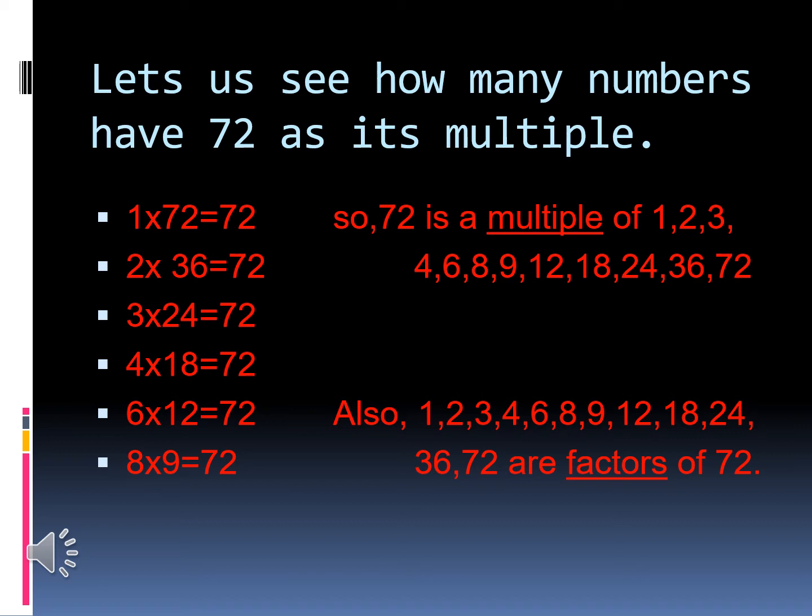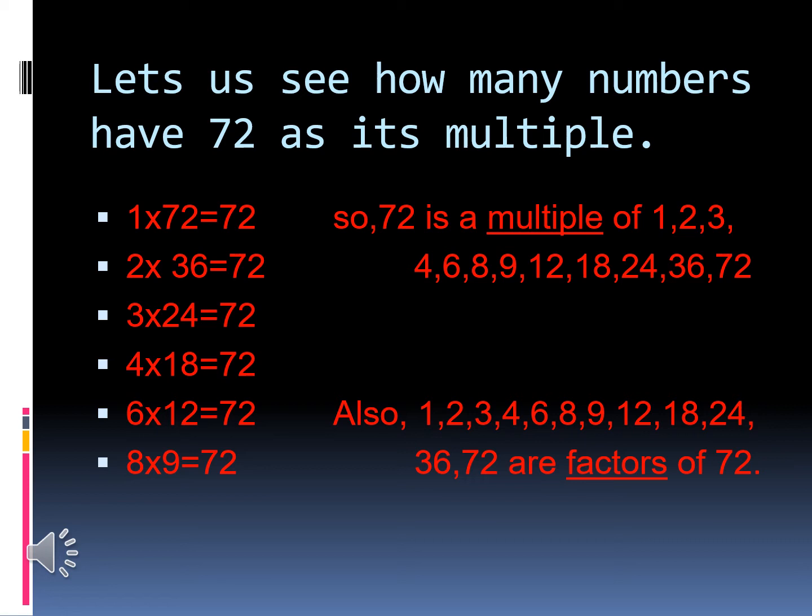Let's follow the divisibility rules starting from 1. Since 1 is a factor of every number, it comes in table of 1. Next, 72, the ones place is 2. Its ones place is even, so it is divisible by 2. So 2 into 36. Now if you see the multiplier and the multiplicand, the multiplier keeps on increasing and the multiplicand keeps on decreasing.